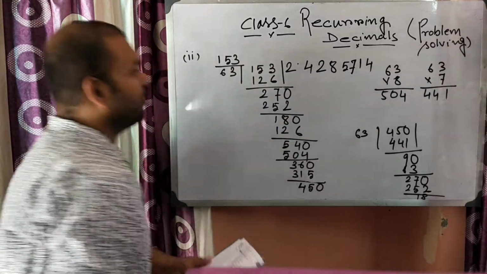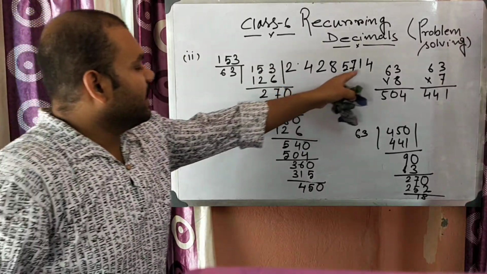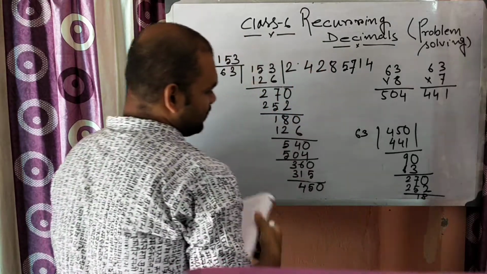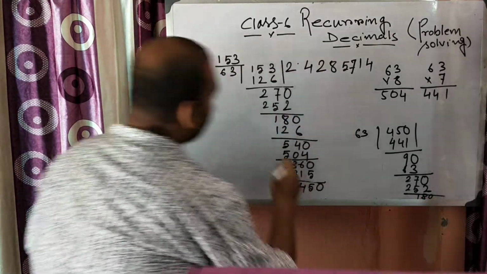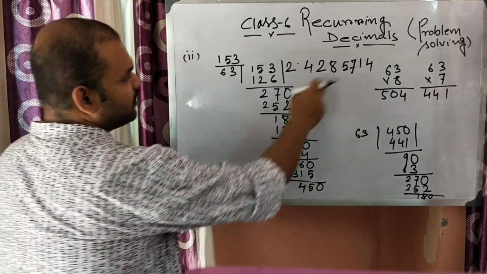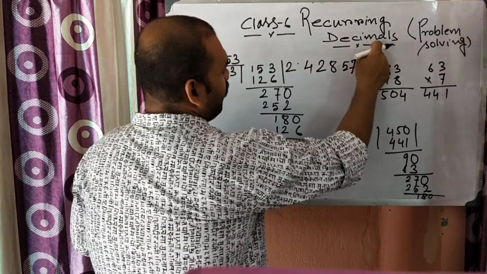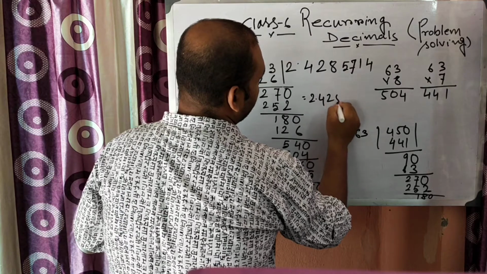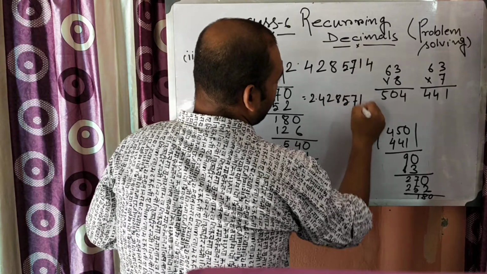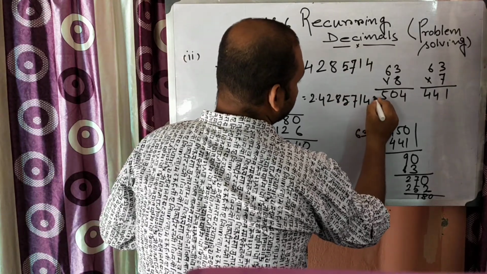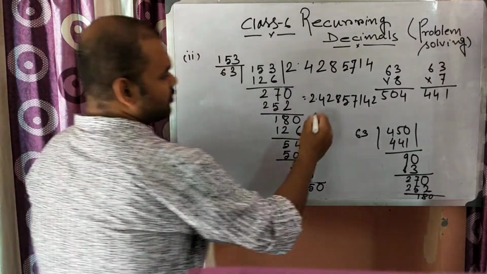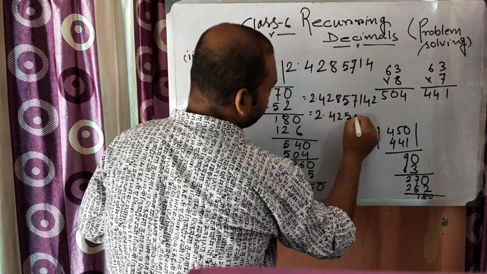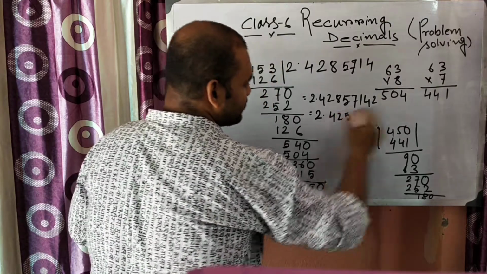So look, after 4 again it comes 4. Then 180 is there. Now the next step will be the same. So from this the digits will be repeated, that is, the result will be 2.428571, then again 4 2 and this will repeat. So we can write down 2.428571, then it starts repeating.